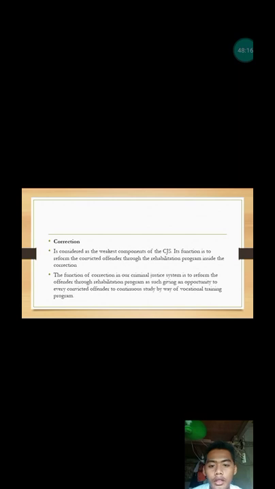Correction is considered the weakest component of the criminal justice system. Its function is to reform the convicted offender through the rehabilitation program inside the correction.